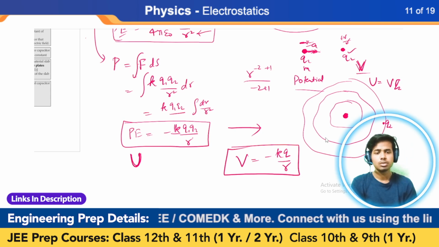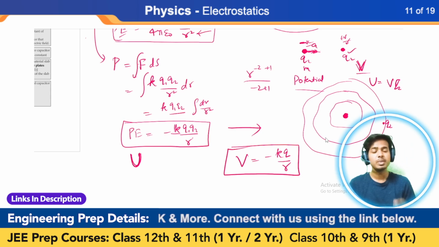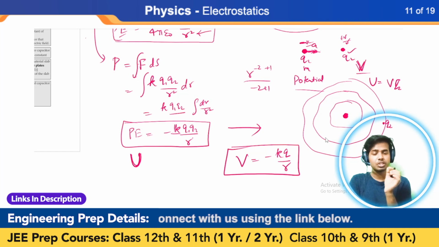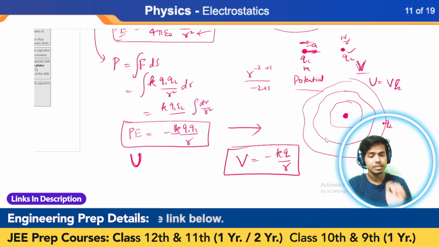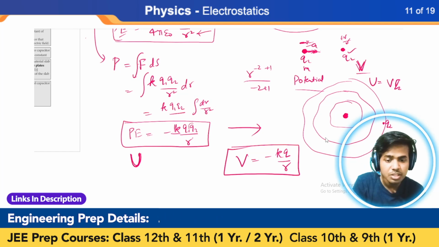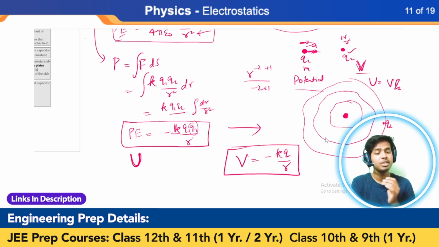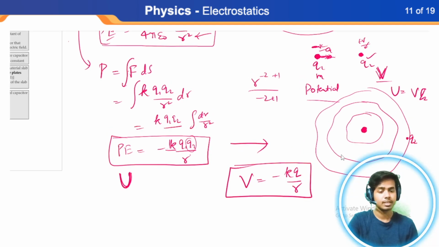So these were the basic definitions of potential and potential energy. I hope you know the difference now, because there is no external charge in the case of potential. In potential, we have defined it so that it is independent of other charges.